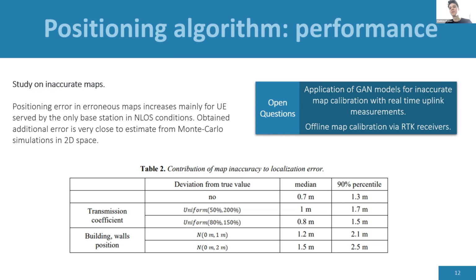But the second approach is maybe worse, because despite outdoor being more stable than indoor, we think that we will need to calibrate the map with RTK receivers much more often than just once. So it will be a very expensive solution. Better, I think, is to use GAN models for online calculation. But here there will be the problem of traffic, so we're not sure that it will be possible to do.